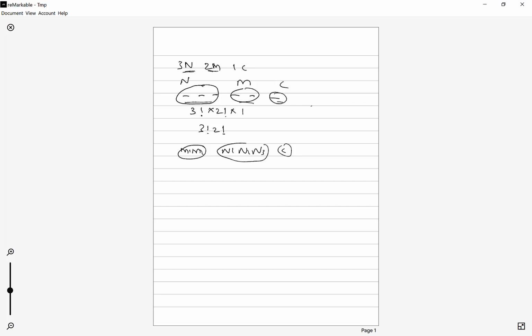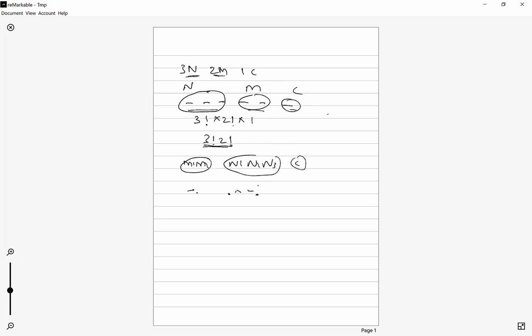So you have 3 objects, and you can rearrange those 3 objects in 3 factorial ways. Within each arrangement of the group, we can shuffle all of the novels to get 3 factorial arrangements, and all of the mathematics books to get 2 factorial arrangements. So this is the final answer.